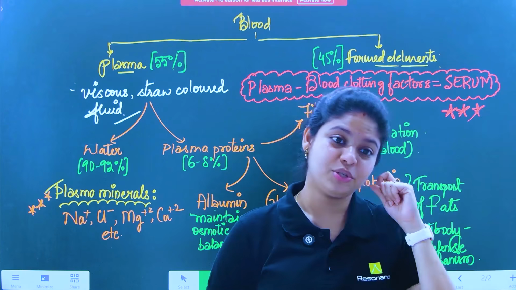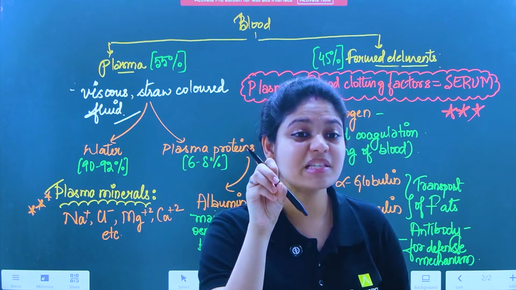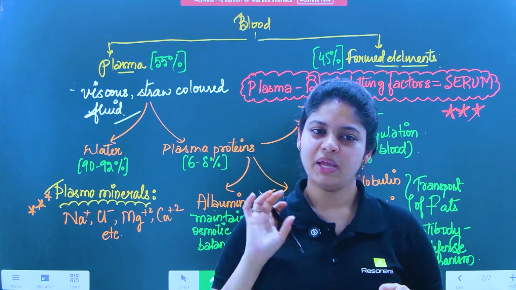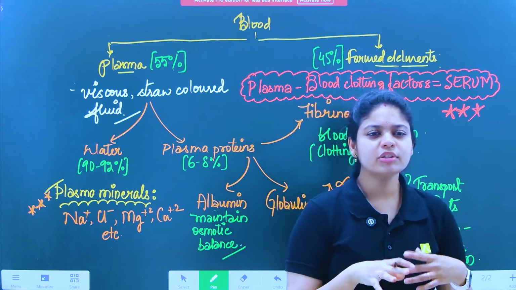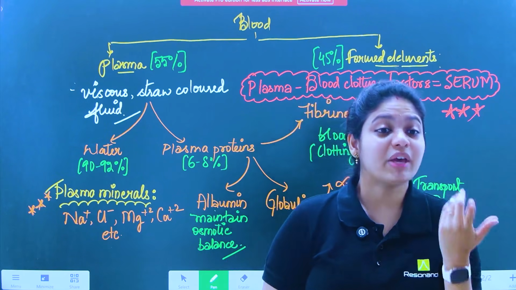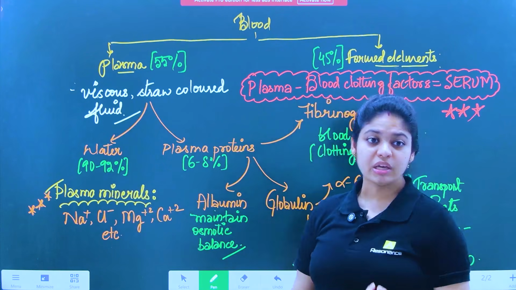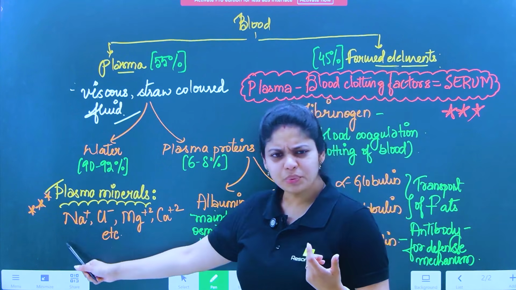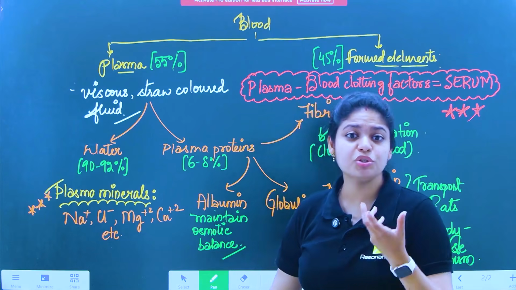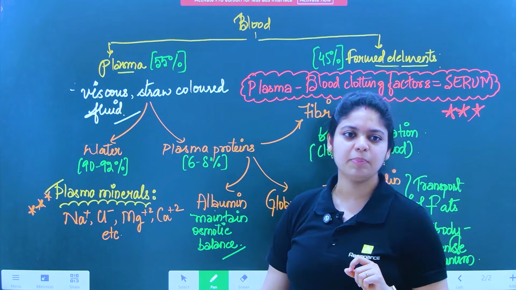Water is 92 percent and plasma proteins is 6 to 8 percent. In water, there are certain minerals. There are certain minerals in our blood, right? Where are they present? They are present in the plasma's water. What are those minerals? Sodium, chlorine, magnesium, calcium, etc. are the minerals present in the plasma.